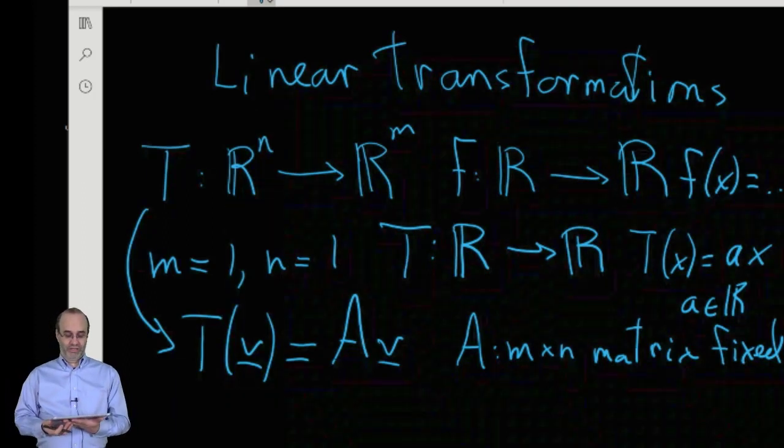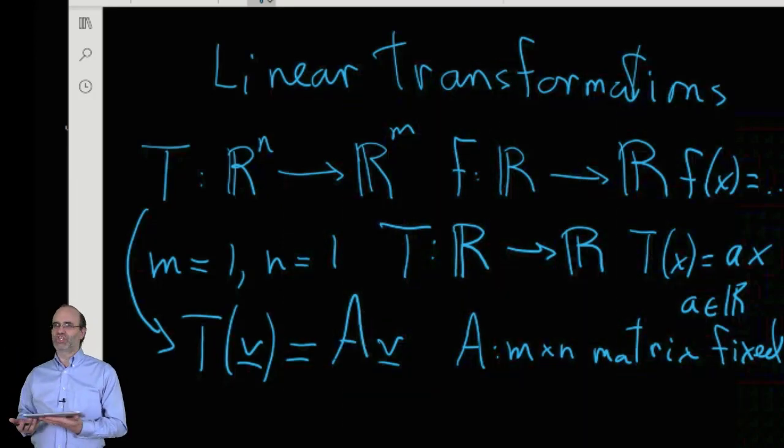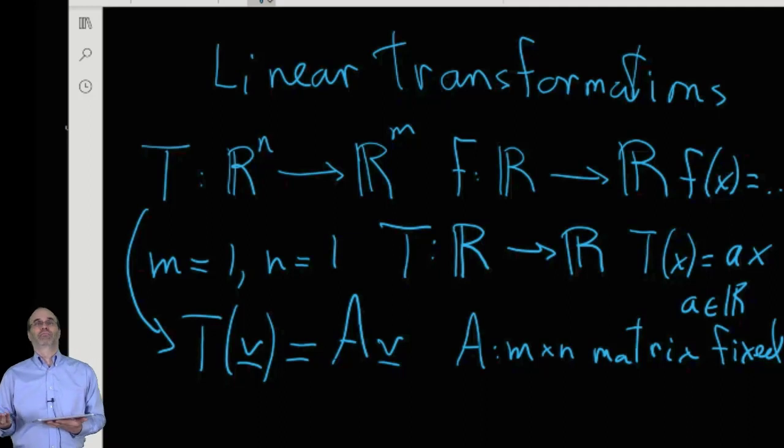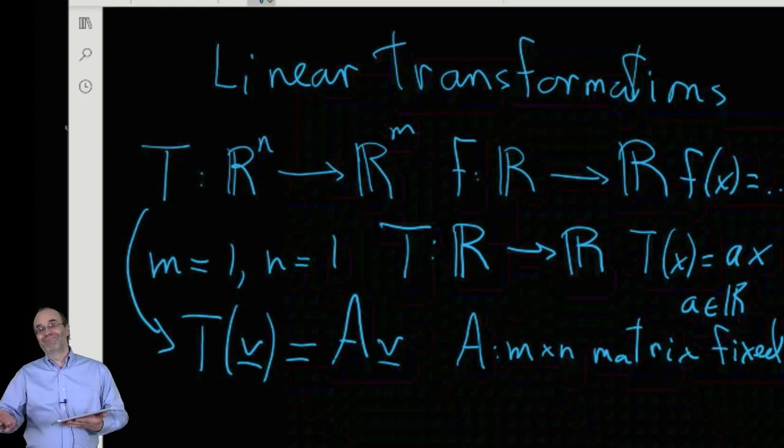One thing is that one cannot picture the graph of a linear transformation. There will be a way to define the graph of a linear transformation, but it will sit in higher dimensional space and you cannot visualize it. In calculus, one good thing you learn to do to study a function is to draw its graph, and if you see the graph, then you can tell things about the function.